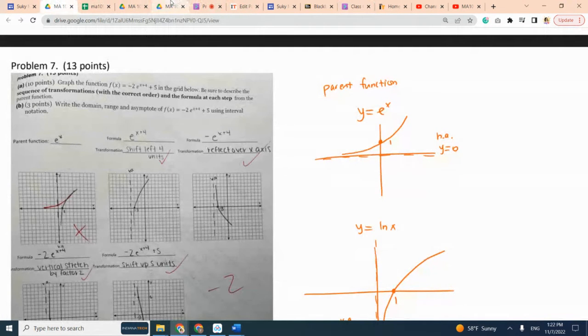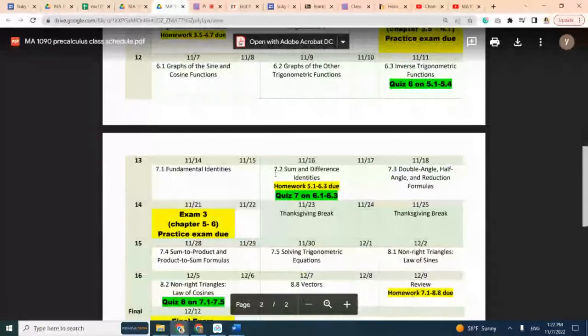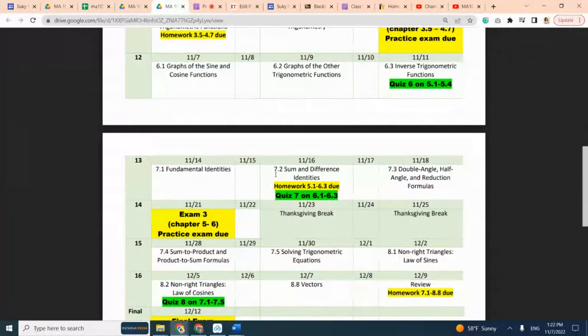Okay, let's see. Exam 3 is gonna be on the Monday of that Thanksgiving week. So we can have a review session. Do you like to have the review session on Wednesday or Thursday?